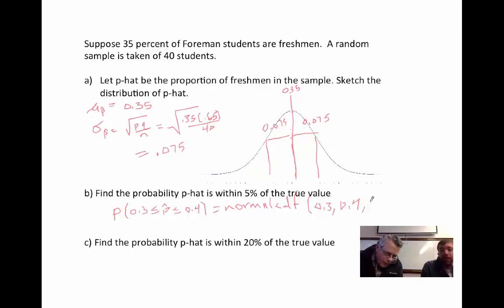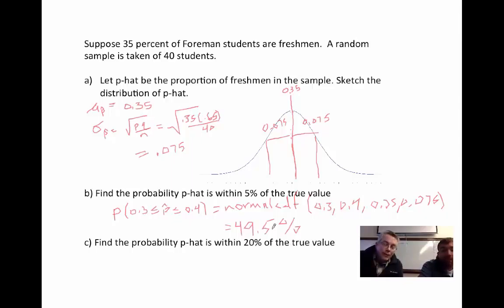The mean is 0.35, and the standard deviation is 0.075. All right, we do this sample. There's a 49.5% chance we're within 5% of the true value. I know we don't know the true value, but here we're assuming it's 35%.